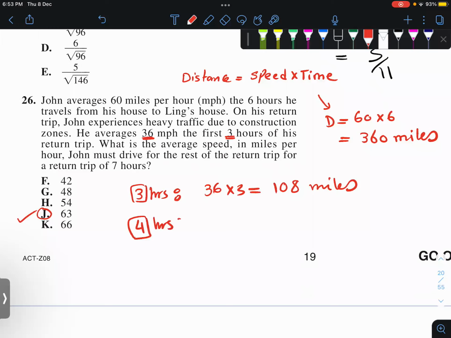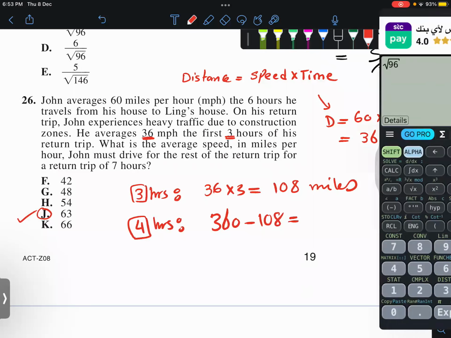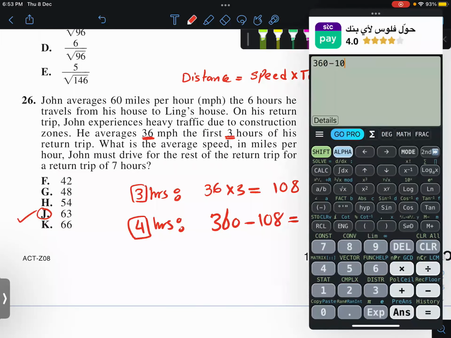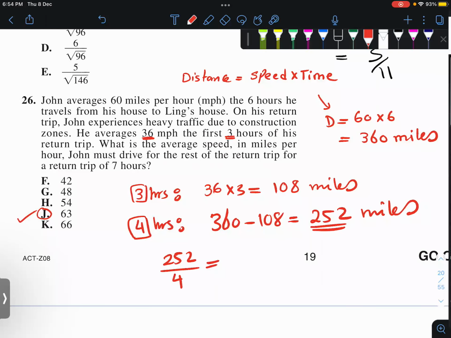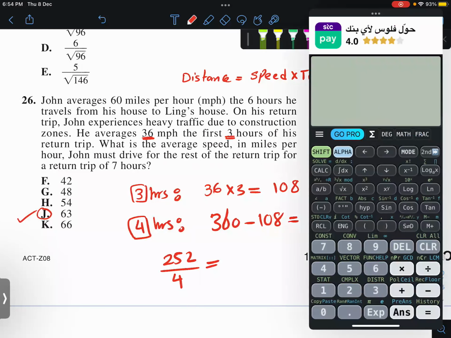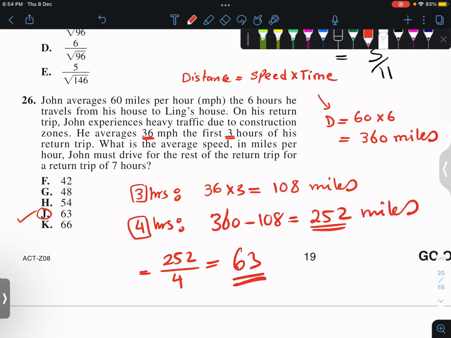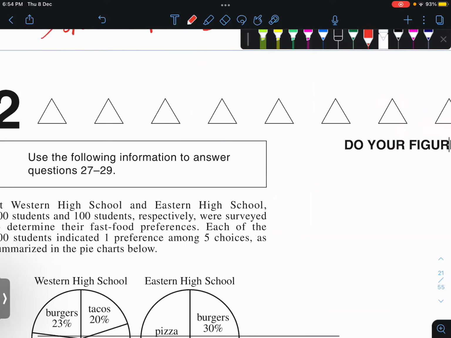For the remaining 4 hours, 360 minus 108 is 252 miles. So if you divide the remaining 252 by 4 hours, it gives the rate you must drive. 252 divided by 4 is 63. You did it like this? Yes. Okay, so the answer is J.